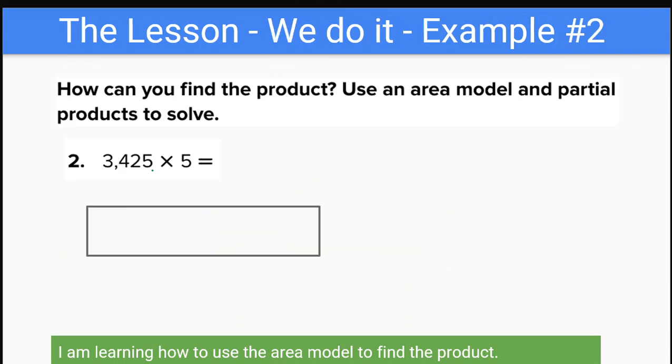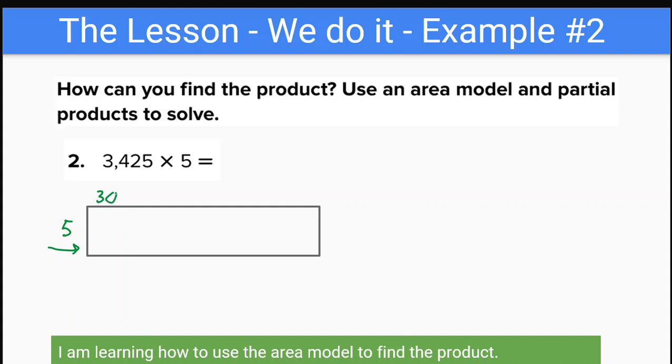Okay, and here it is again right here. We're going to do the exact same thing, but they gave us a 4-digit factor this time times a 1-digit factor. There's 4 digits right here. So let's do this. It's the exact same thing, and we just have one more space in our area model. So I'm going to put 1 factor on the side here. This is going to be a 5, and it's going to be driving that way, isn't it? Okay. And then we have 3,425.